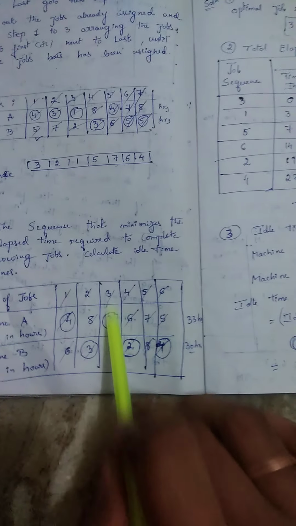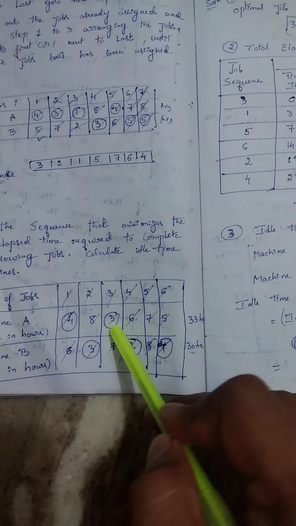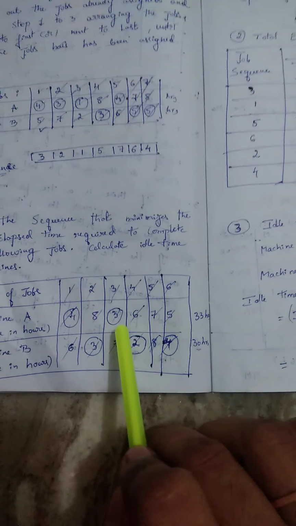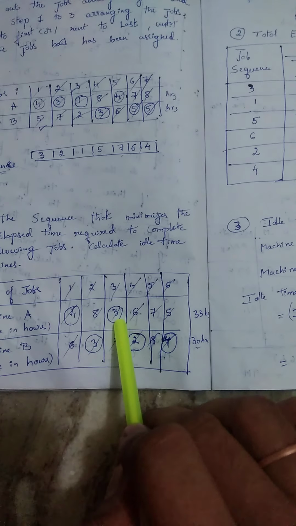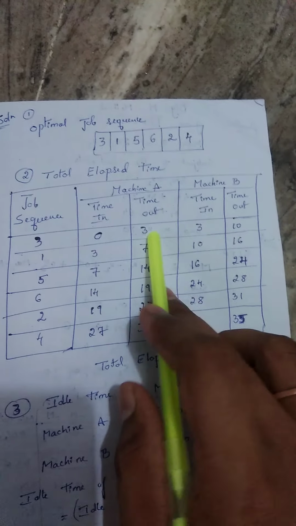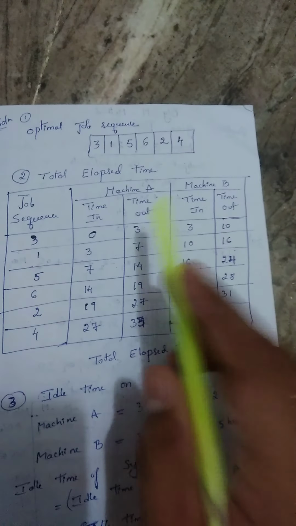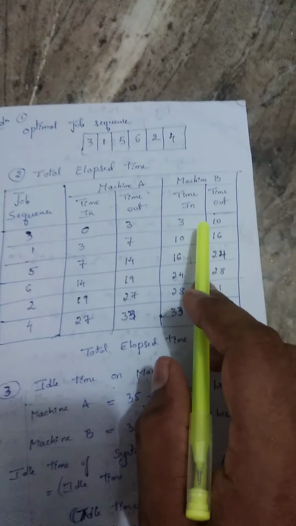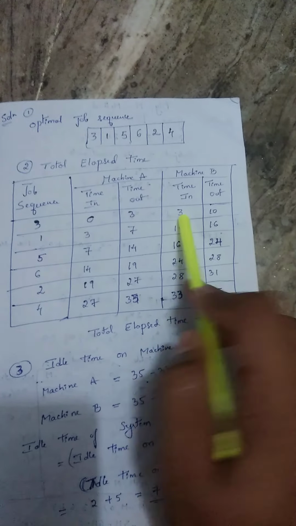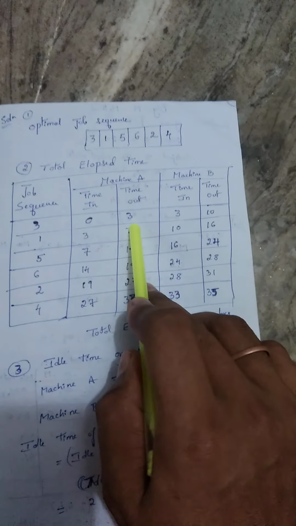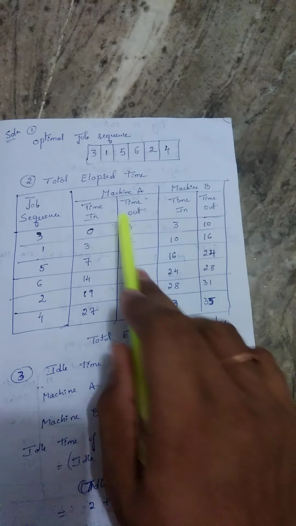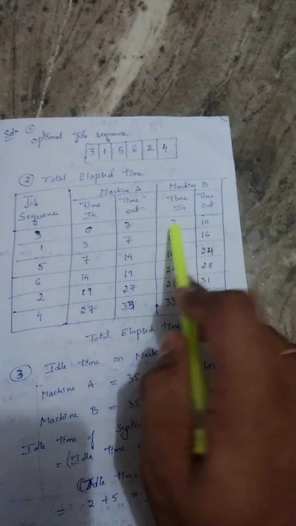Time out in machine A: for the third job we have 3 working hours. The machine started at time 0 and time out is 3 hours. In machine B, after machine A's work is finished, machine B starts.